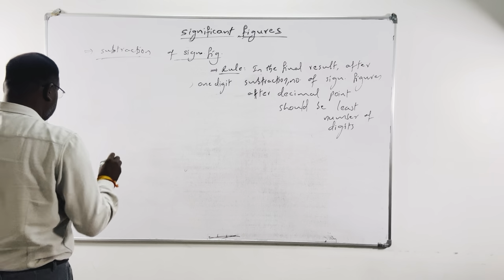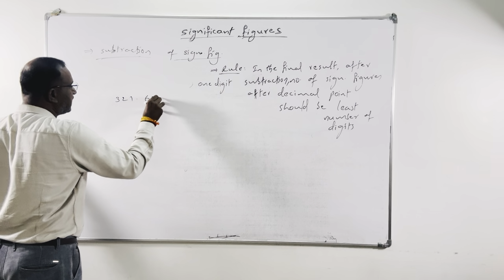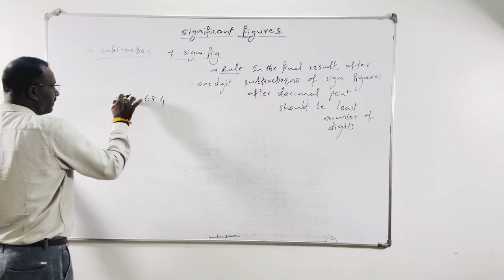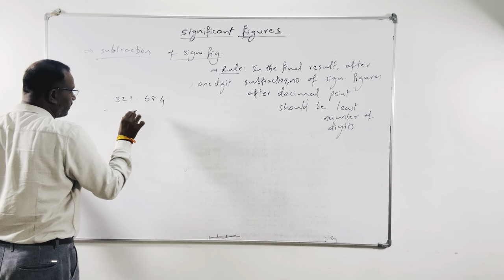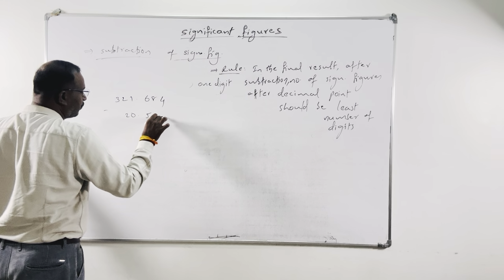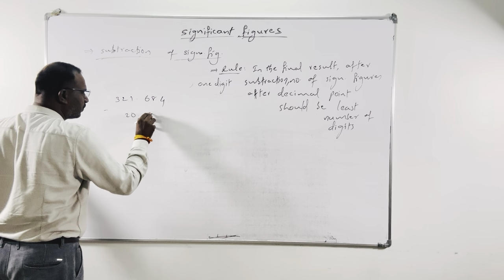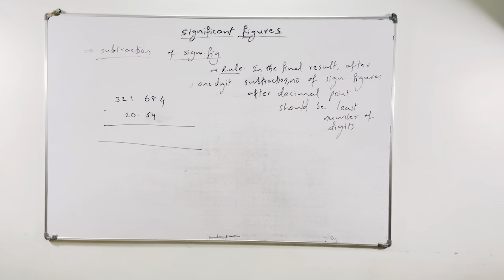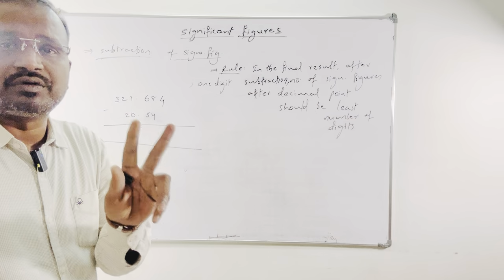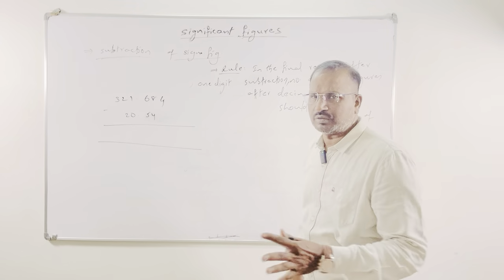I am taking one example: 321.684 minus 20.54. So what is the answer if you do this? I am taking just two values for simplification. Like that you can do anything, no problem.